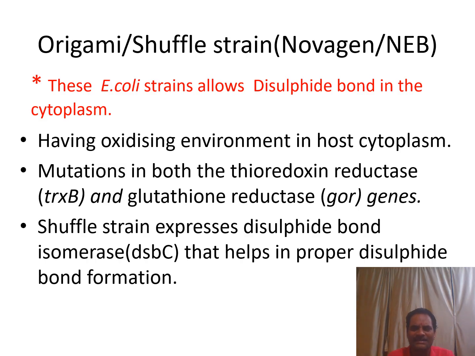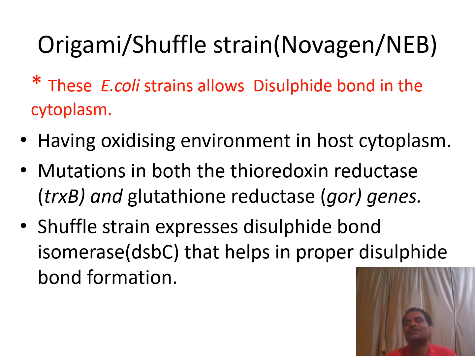Due to random disulfide bond formation, all pairings are not like the native protein, so all the molecules are not properly folded. To solve this problem, scientists added a disulfide bond isomerase gene in this Origami strain, in which two genes are already mutated. That gene produces a protein that is a type of chaperone which will take care of proper folding, meaning proper disulfide bond formation of the protein.